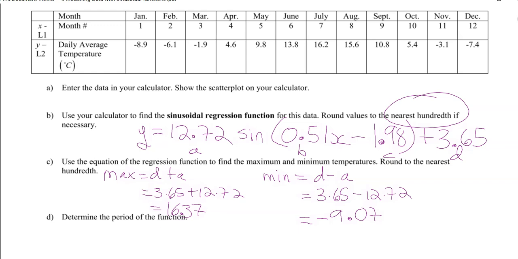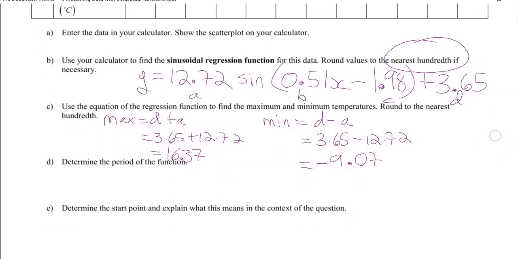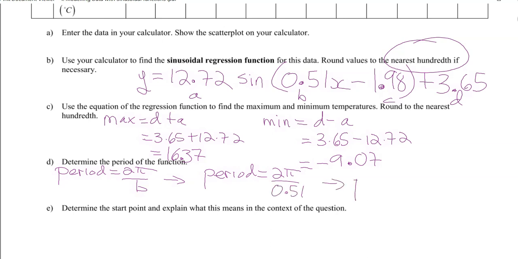Determine, which means show your work, the period of the function. Okay, so there's one formula we get on the formula sheet, which is period is equal to 2 pi divided by b. So for us, period is going to be 2 pi divided by 0.51.